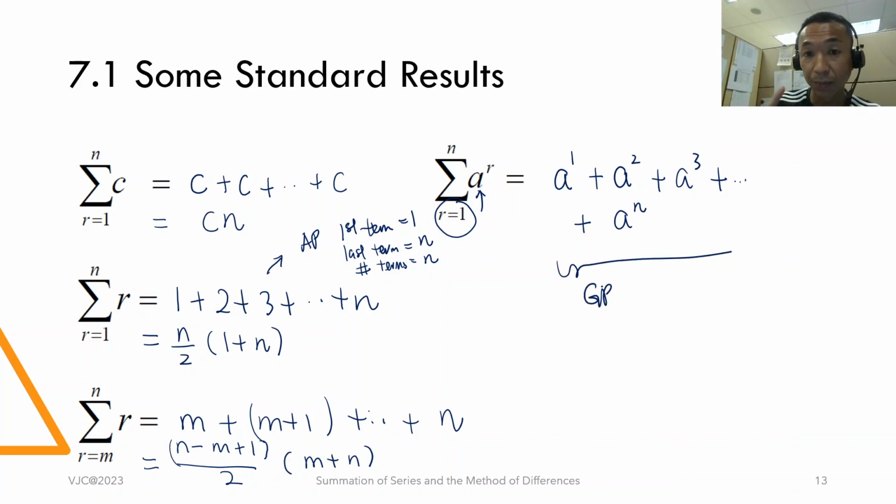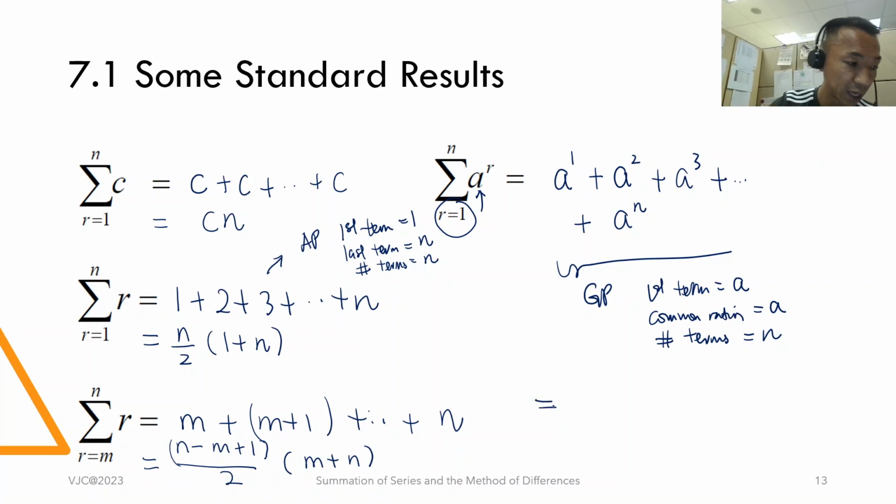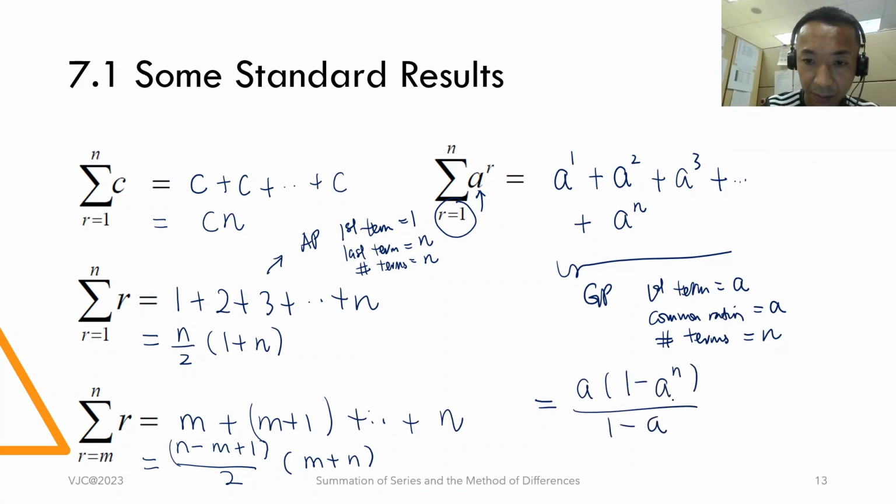If you learned your previous chapter properly, it's a GP with first term equals a. Common ratio is also a. Number of terms is n. Therefore, this one will just be a times 1 minus a to the power n, over 1 minus a.